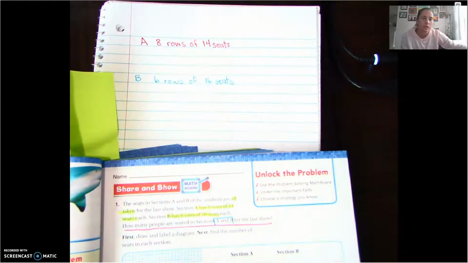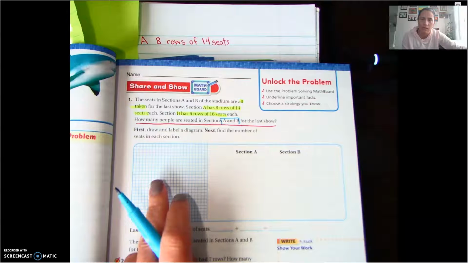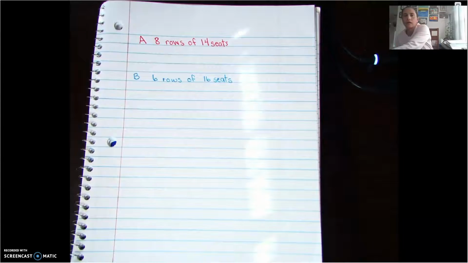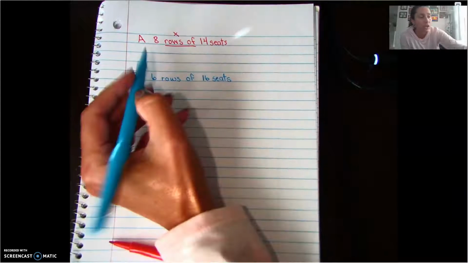Your math book has some graph paper that you can color in and draw on, but right now what I want us to use is our area model. So use what we know. For this, rows of is multiplication. It's just like groups of.